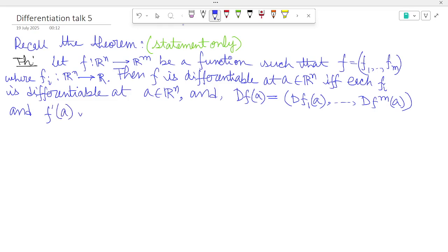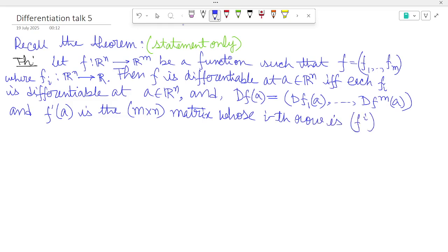The Jacobian matrix's ith row is fi dash.